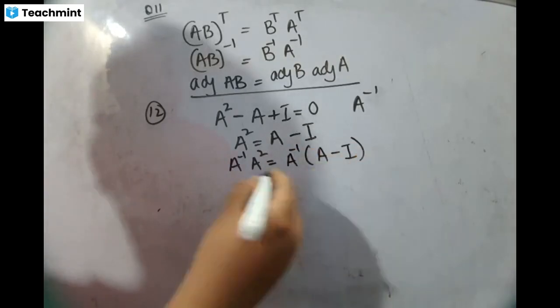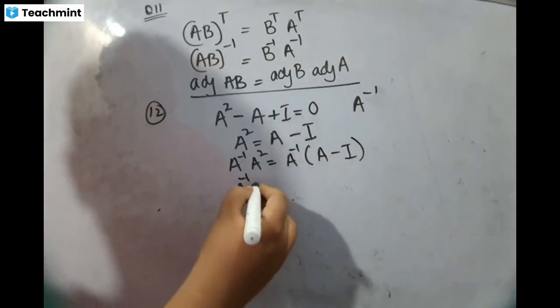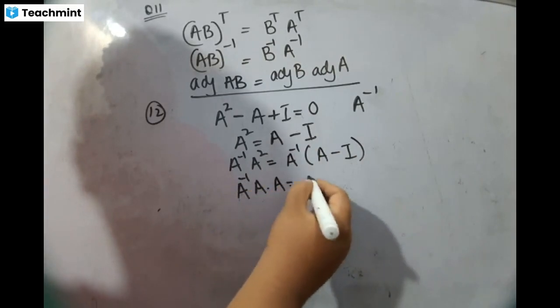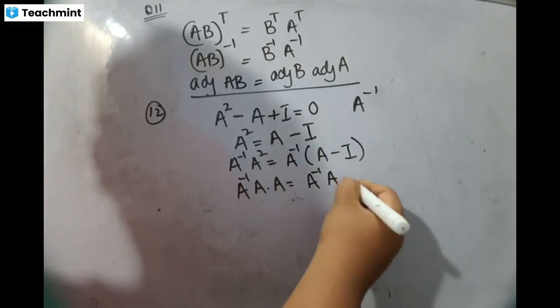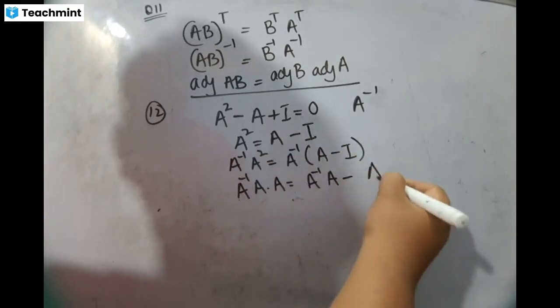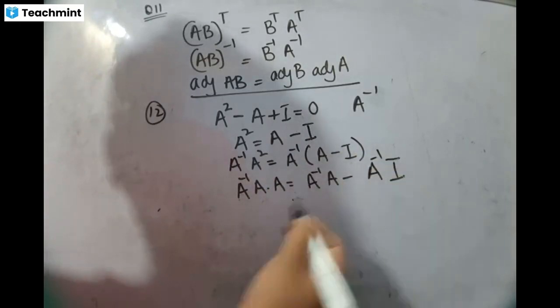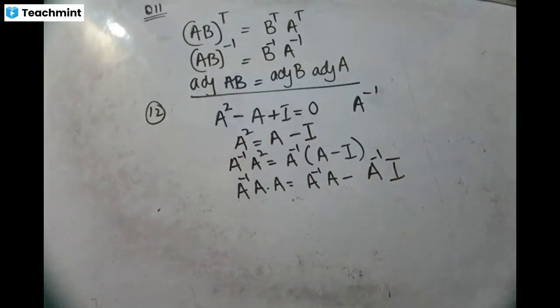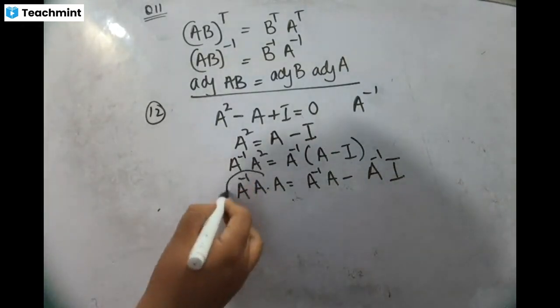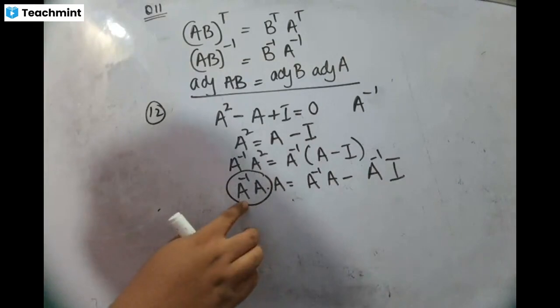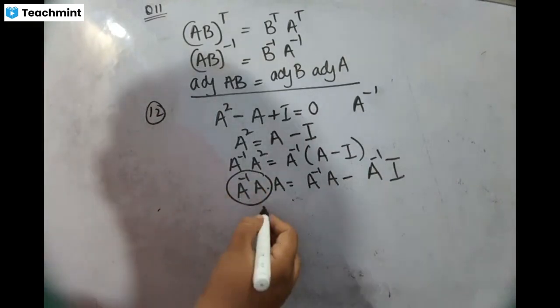I can write A square as A into A. A inverse into A, you're multiplying it, distribution law, A inverse into identity. Now we are going to use two properties. What is A inverse into A? A inverse and A get cancelled, and in matrices it is called identity.